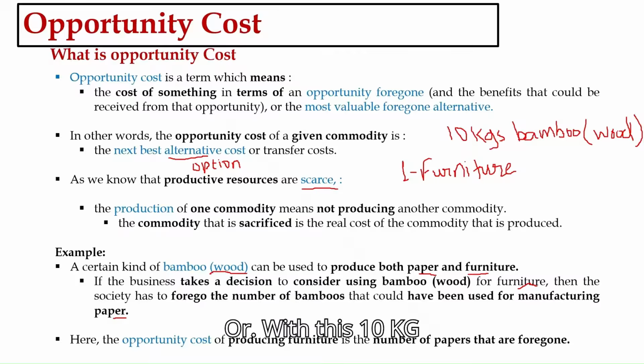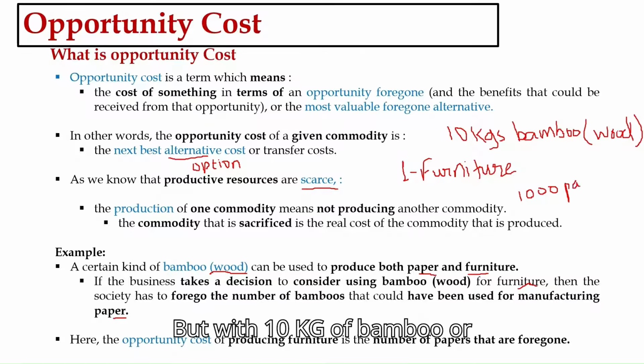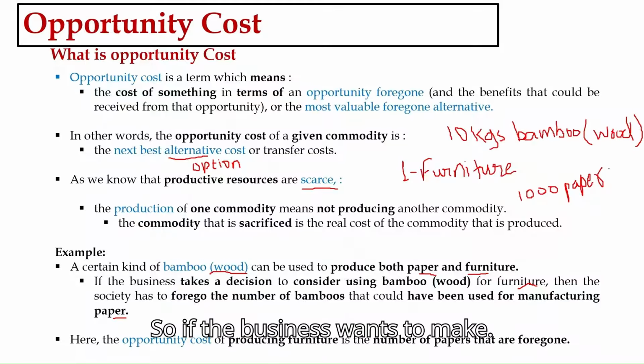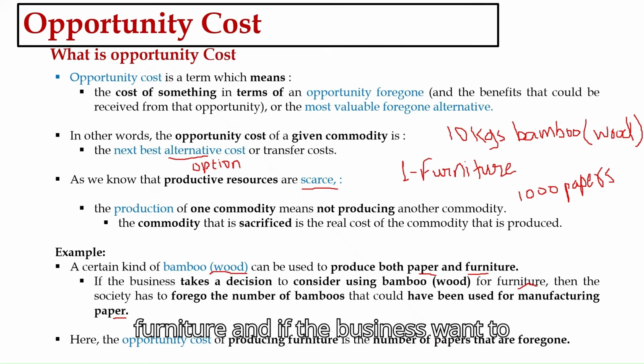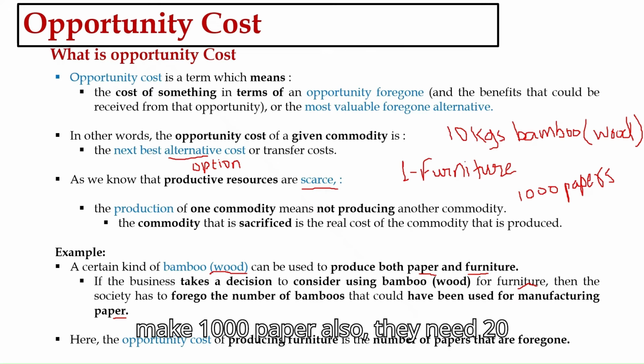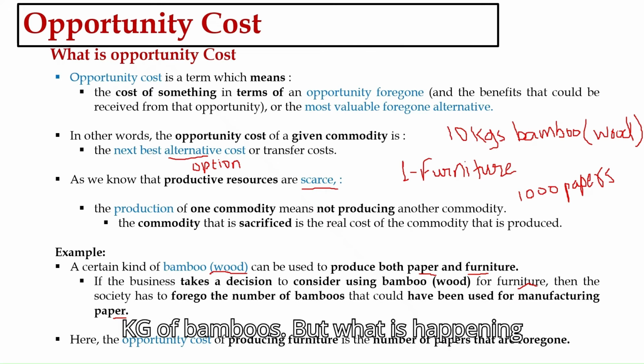Or with this 10 kg of bamboo, we can make 1000 papers. But with 10 kg of bamboo or wood, can we make both? If the business wants to make one furniture and also 1000 papers, they need 20 kg of bamboo.